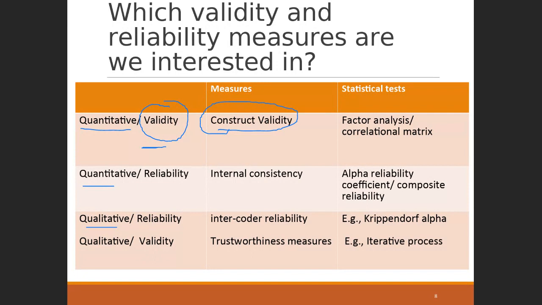Whether the 9 questions of job involvement are really measuring job involvement as they claim to be. So we use different statistical tests, like factor analysis and correlational matrices, which we will discuss in our coming sessions. So we will establish construct validity through these tests if you're doing quantitative research through surveys.